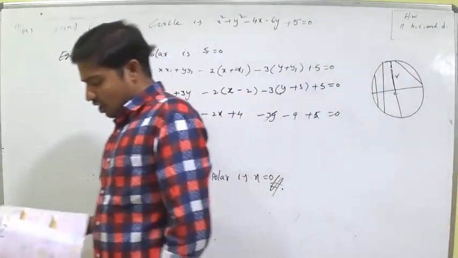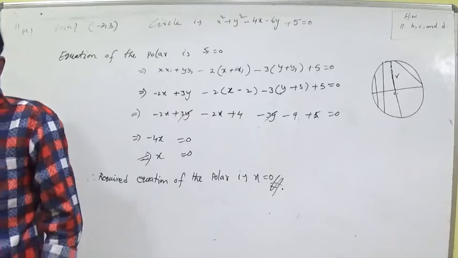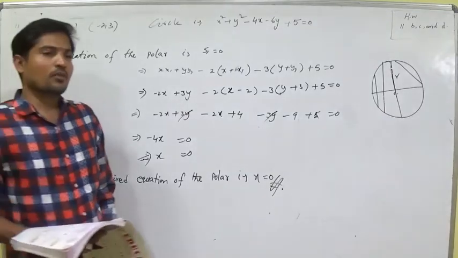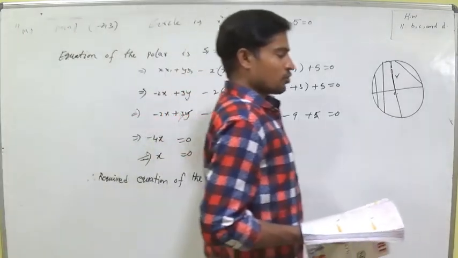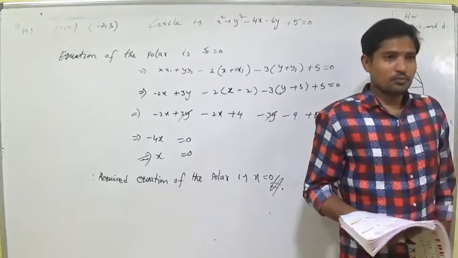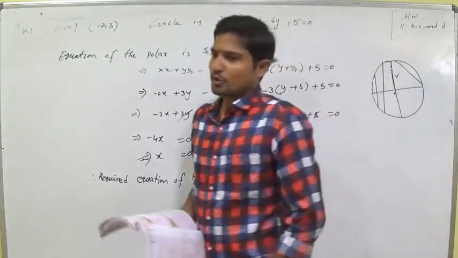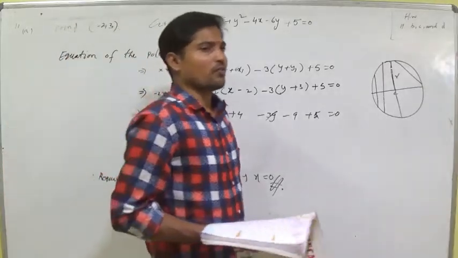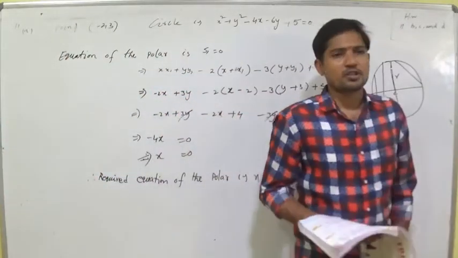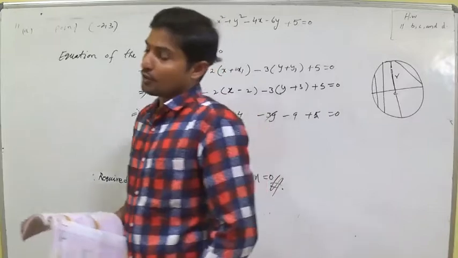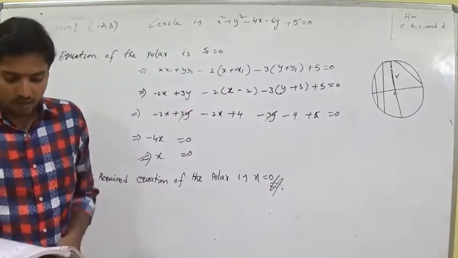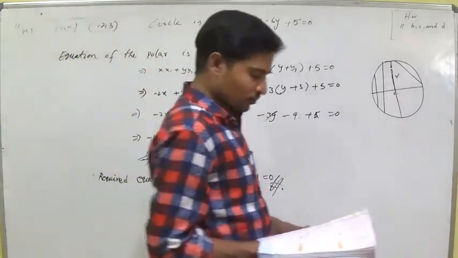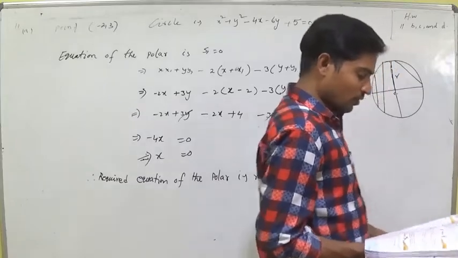When the lines are conjugate to each other with respect to the circle, r square into L1 L2 plus M1 M2 equal to L1G plus M1F minus N1 into L2G plus M2F minus N2. So apply that formula, we can get that. So let us solve the 13th one also.